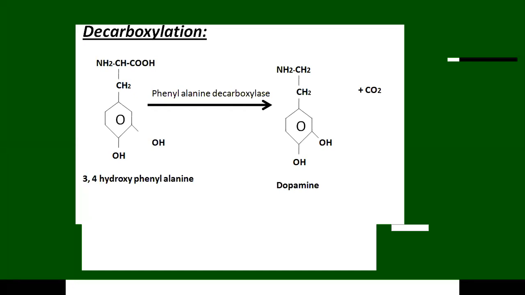Have you heard, especially the non-veterinary students, that in our kidney we have epinephrine and norepinephrine? Yes, sir. Okay, so dopamine produces these hormones. If I ask you to give an example of a hormone that can be produced from an amino acid, this is an example: dopamine.